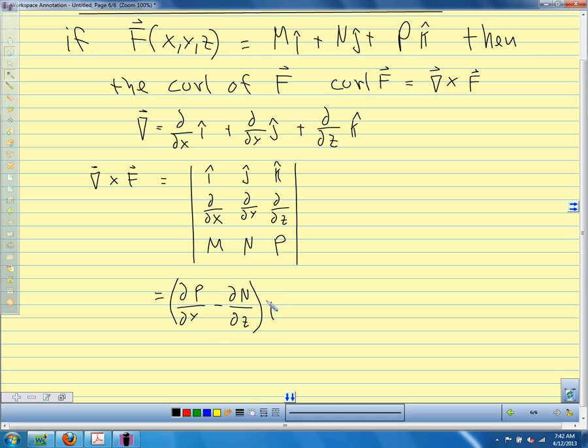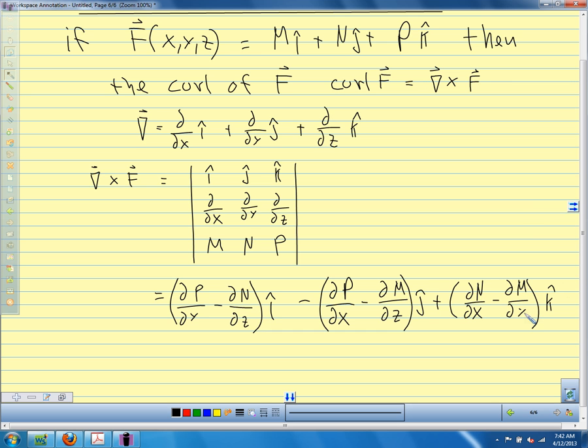That's our i component of our curl, minus, and here's our j component, plus, and our k component of our curl, and that's just this all written out. So this is our curl.